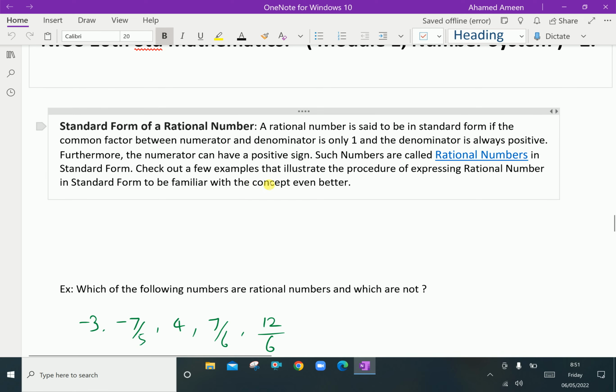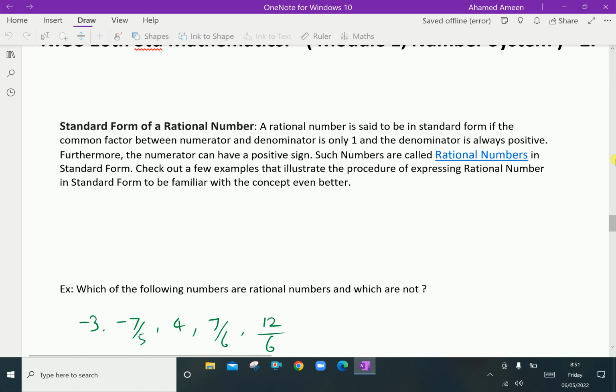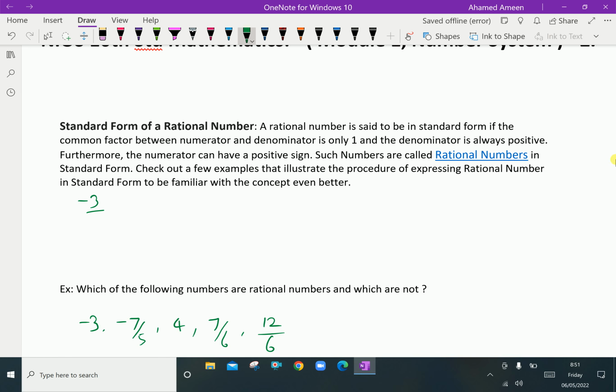Check out a few examples that illustrate the procedure of expressing rational numbers in standard form to be familiar with the concept even better. Here, minus 3 over minus 5, minus divided by minus is positive, so 3 over 5 is the standard form.